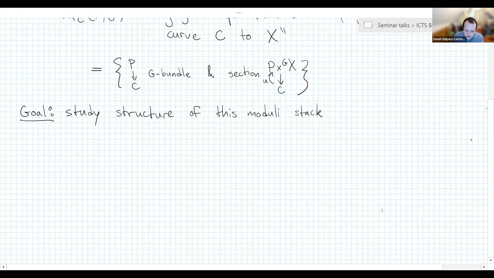The reason why we're thinking about this, the motivation, is that this is a fundamental question in moduli theory.